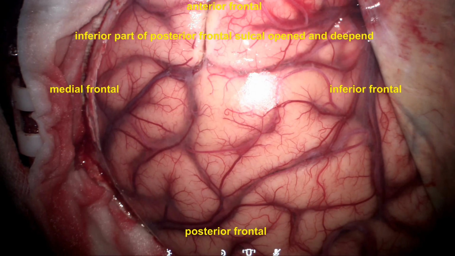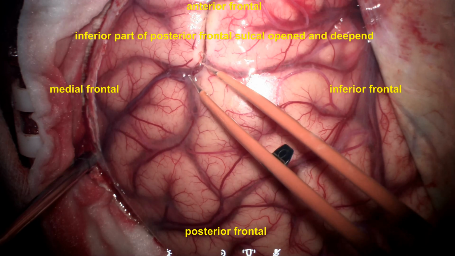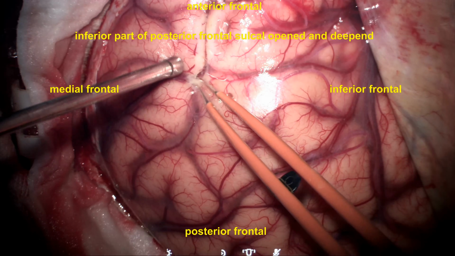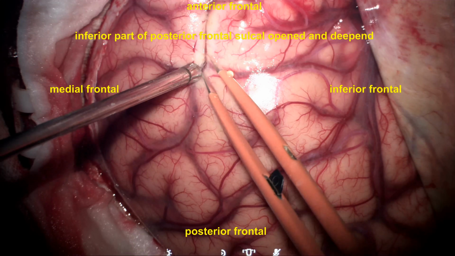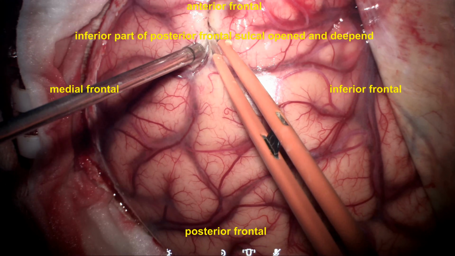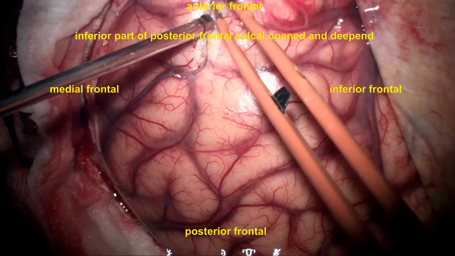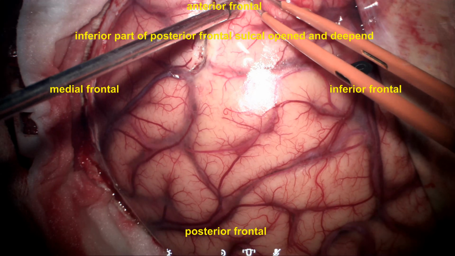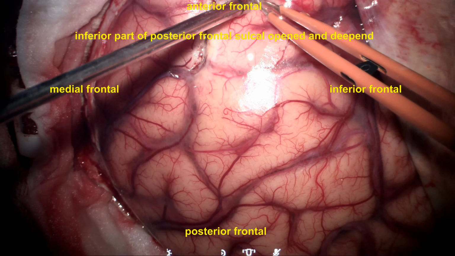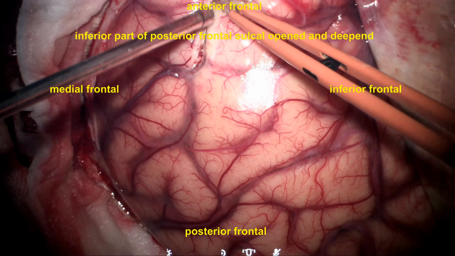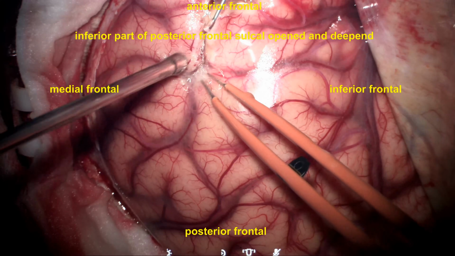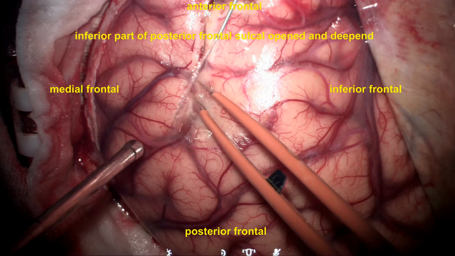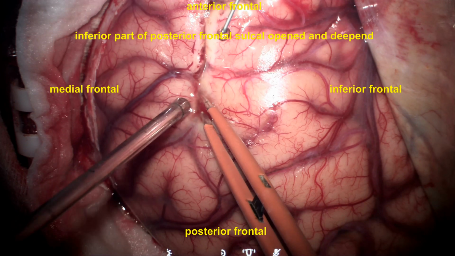Now, once the dura mater is opened with the base towards the temporal region, the cerebral cortex of the frontal lobe is exposed. In these cases, we prefer to access these tumors through the sulcus. You can see there is a widening of the sulcus and widening of the gyri, suggestive of the location of the tumor on the surface.